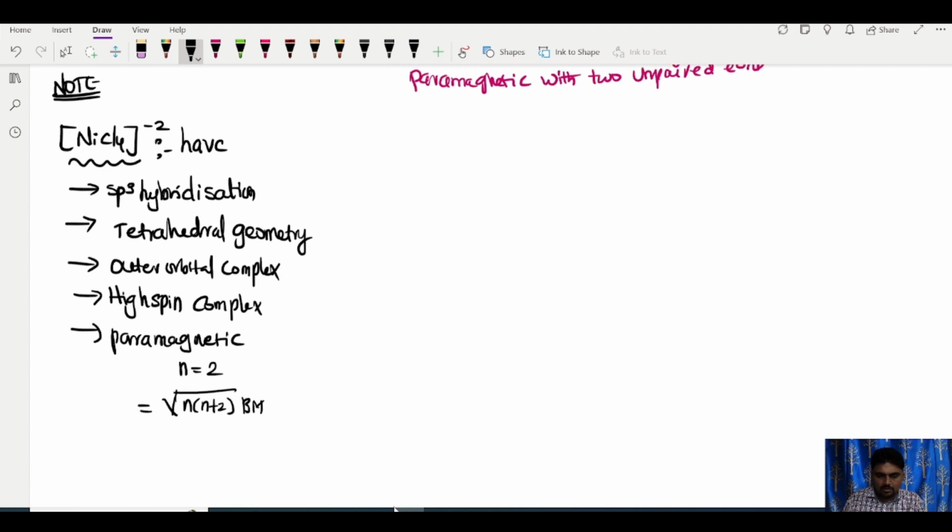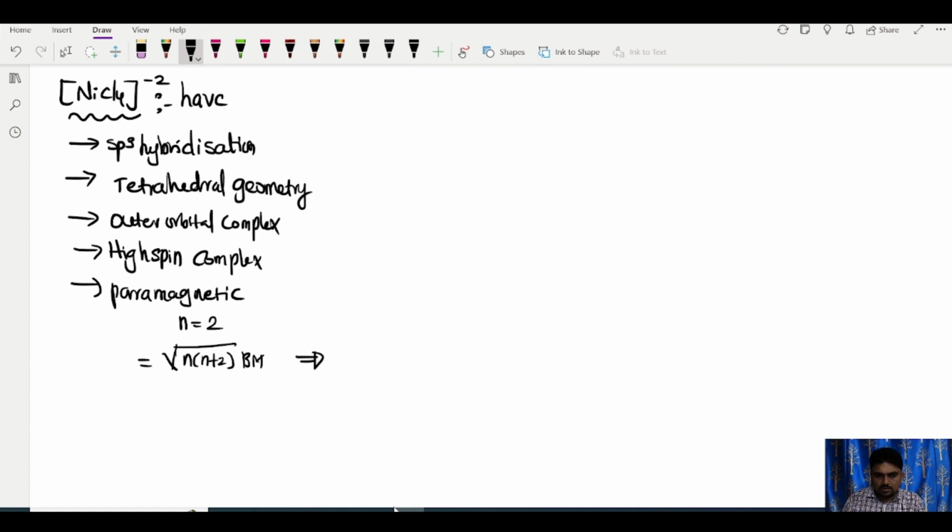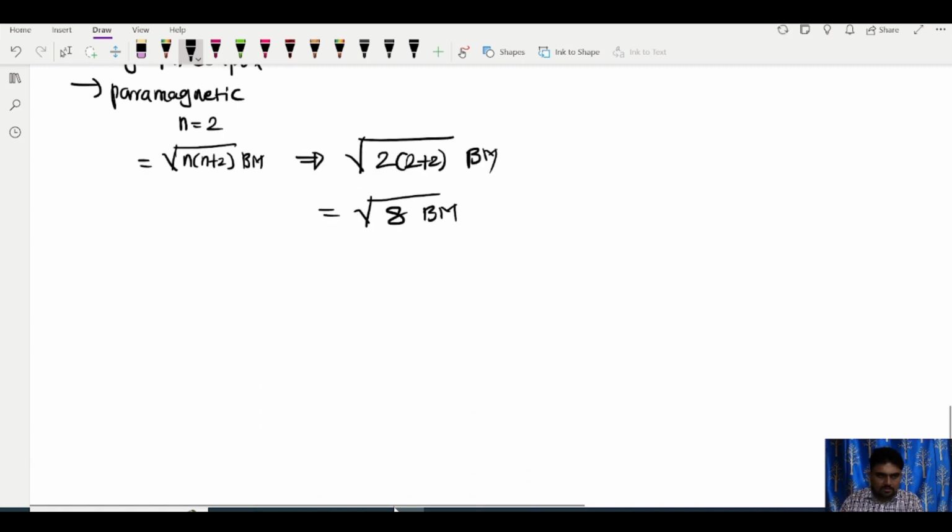If you substitute n equal to 2, it is square root of 2 into 2 plus 2, which is square root of 8 Bohr magneton. This is the answer.